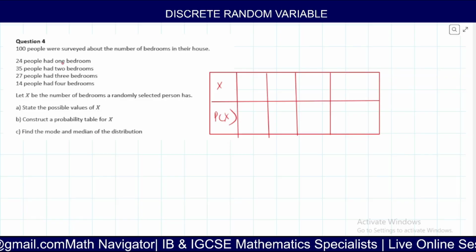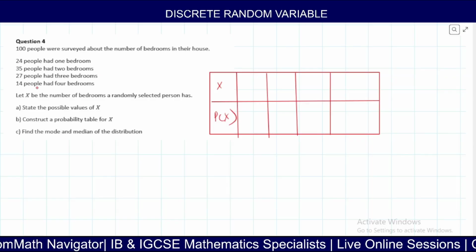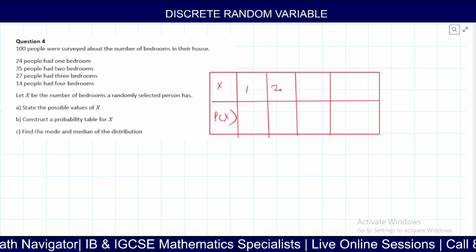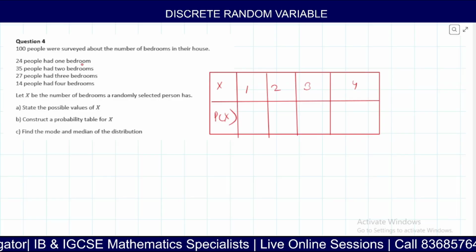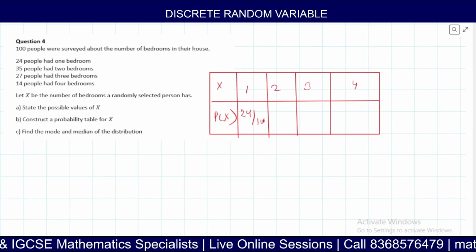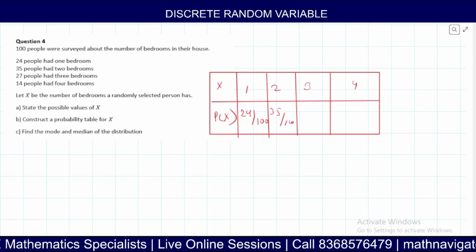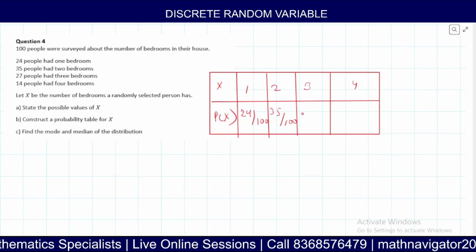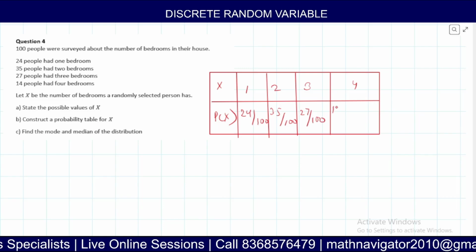So first I'll write x, probability of. So how many people are total? 100 people. So 1 bedroom, 2 bedrooms, 3 bedrooms, 4 bedrooms, right? So 24 over 100, 35 over 100, 27 over 100, and then 14 over 100.